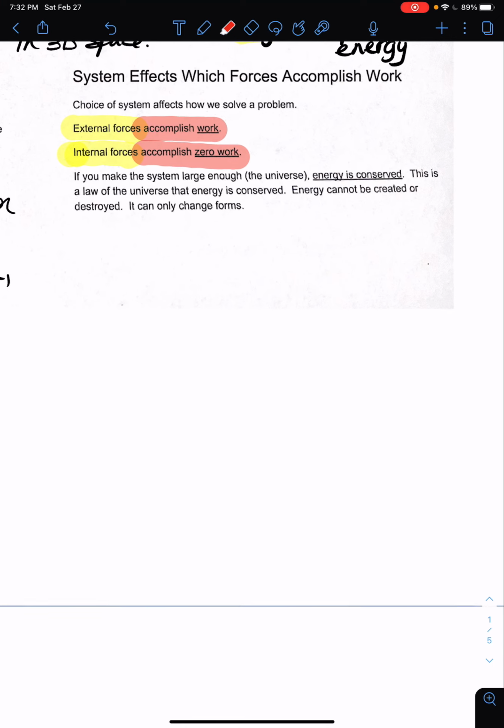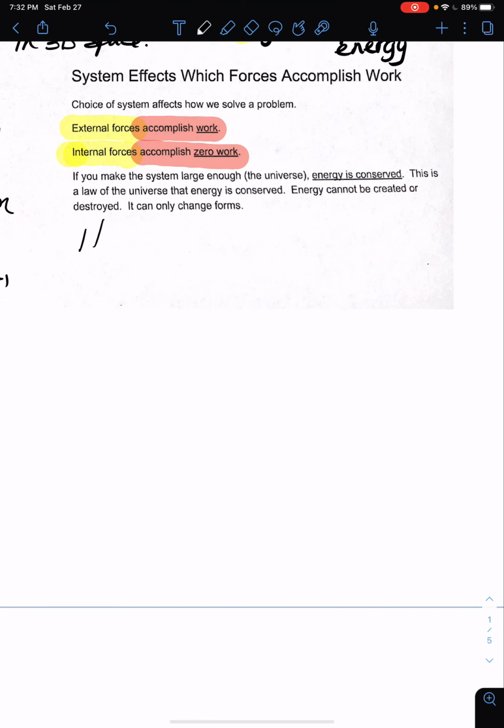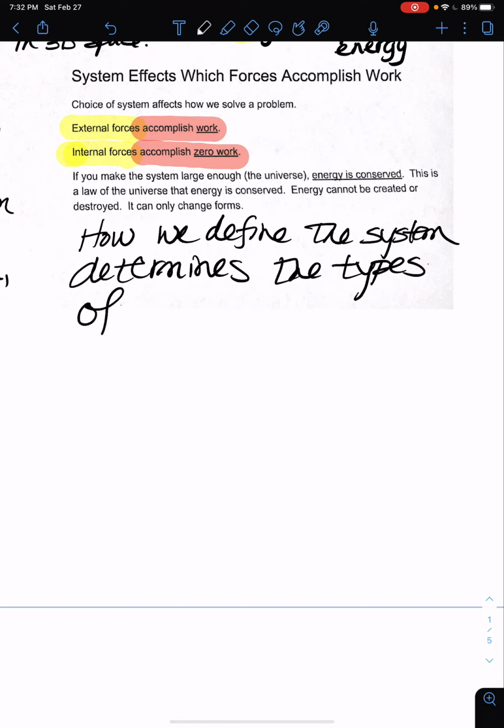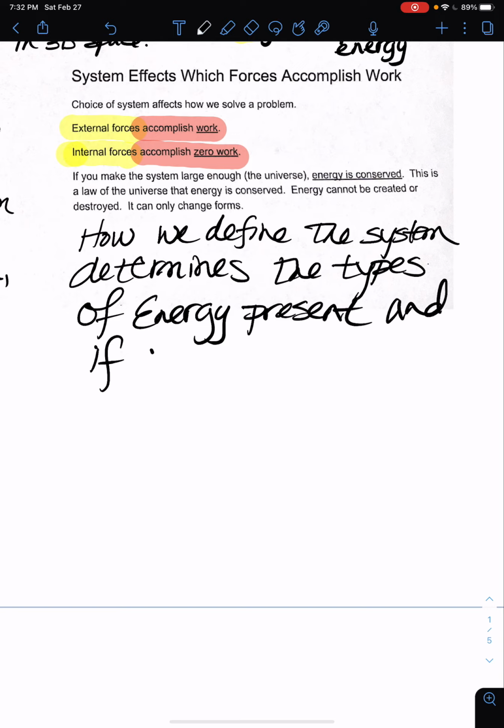Let me say that one more time: how we define the system determines the types of energy present and if work is done.